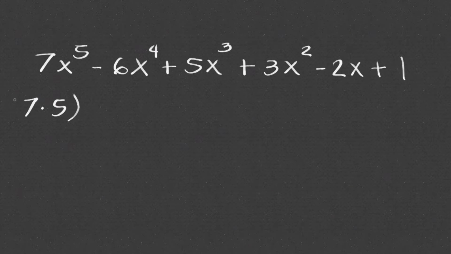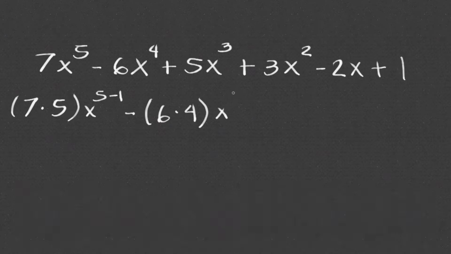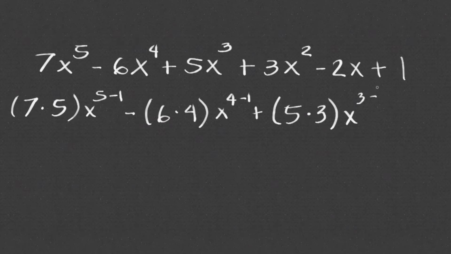So 7 times n, where n is 5, times x raised to 5 minus 1. Minus 6 times n, where n is 4, x raised to 4 minus 1. Plus 5 times n, where n is 3, times x raised to 3 minus 1.